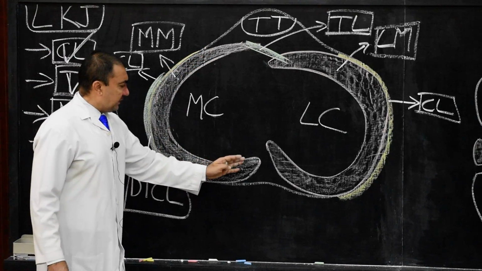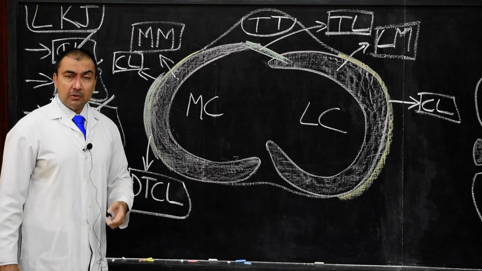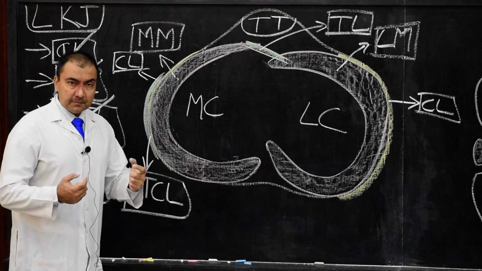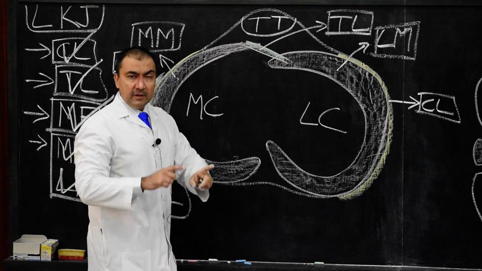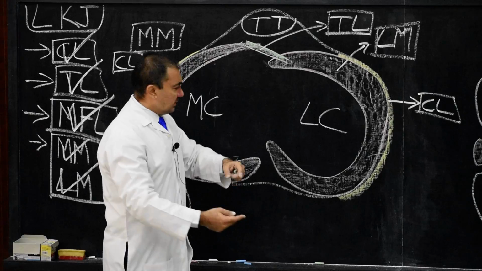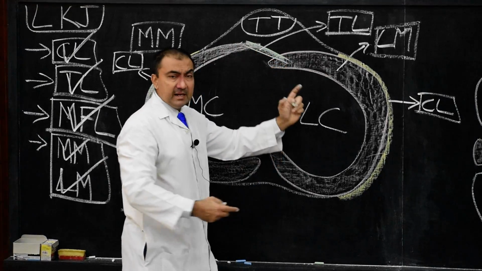What is the shape of medial meniscus? Semilunar or oblong, in which the anterior-posterior length of medial meniscus will be greater than the anterior-posterior length of lateral meniscus.